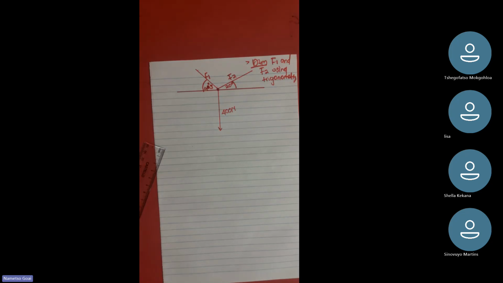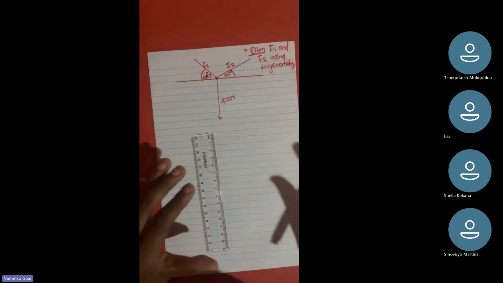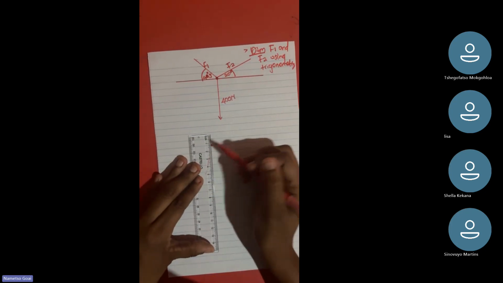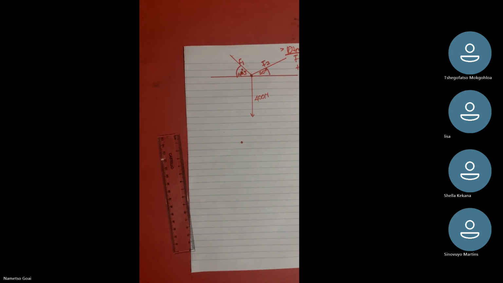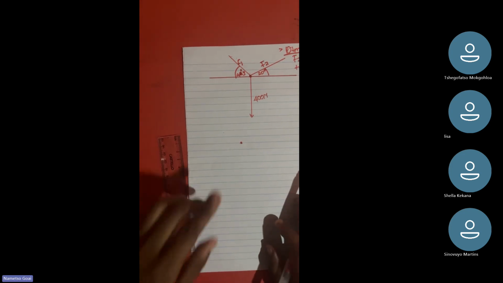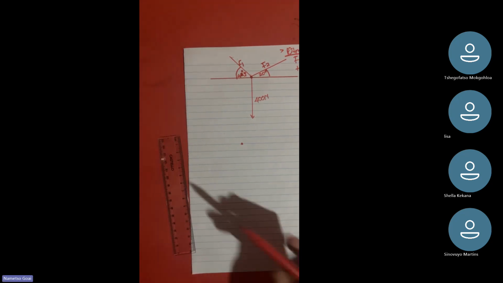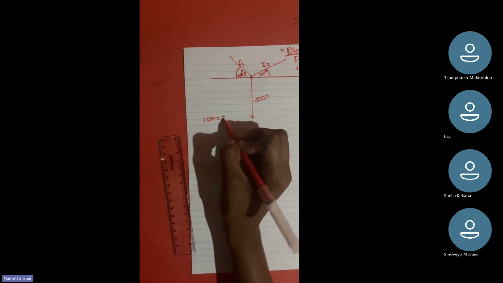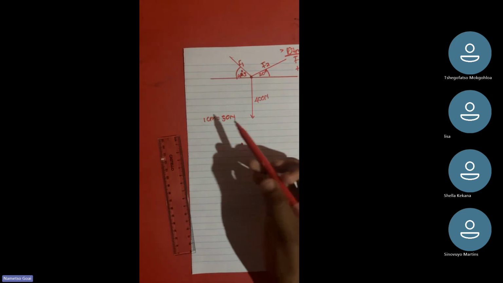We already know that we have a downward acting force, which is the 400 Newton one. So we could start there. Place your dot here. Let's use a scale: 1 cm equals 50 Newton.